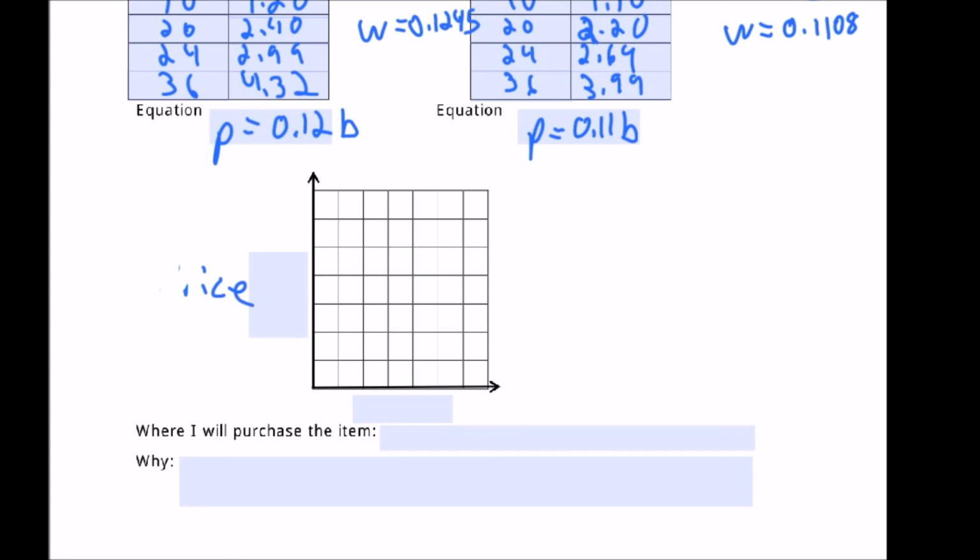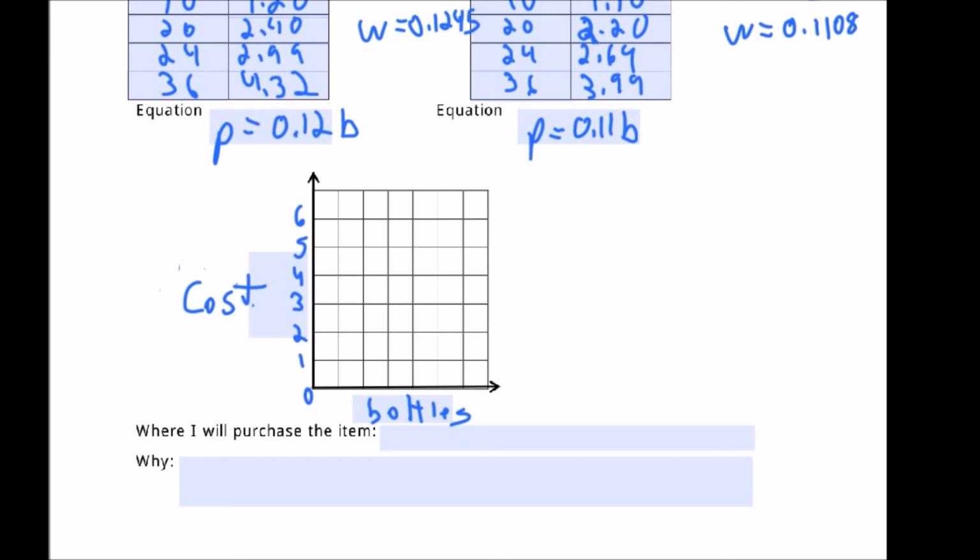Let's call it cost. And on the bottom is bottles of water. So you can start at 0, 0, and just to make this easy on ourselves, we'll just call these dollars 1, 2, 3, 4, 5, 6, because our graph is pretty small here.